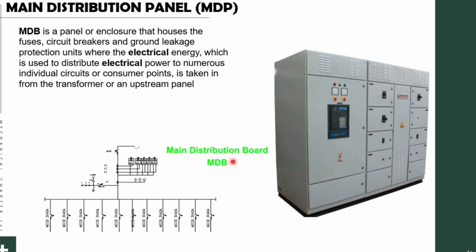It is taken from the transformer or an upstream panel. See here, it consists mainly of the main breaker. We can use an ACB or MCCB. Also the branches here in the MDB will be MCCB breakers.